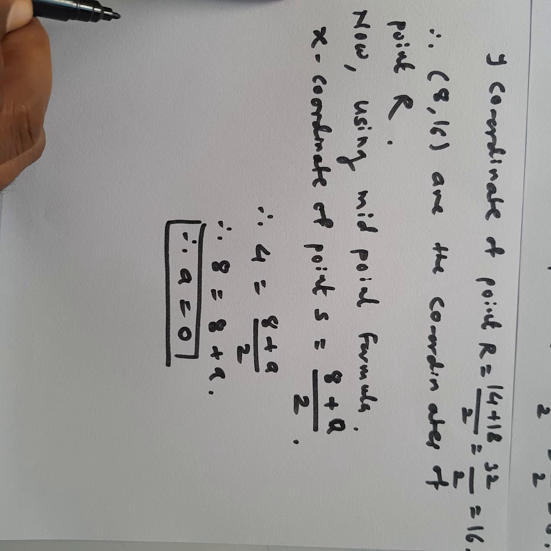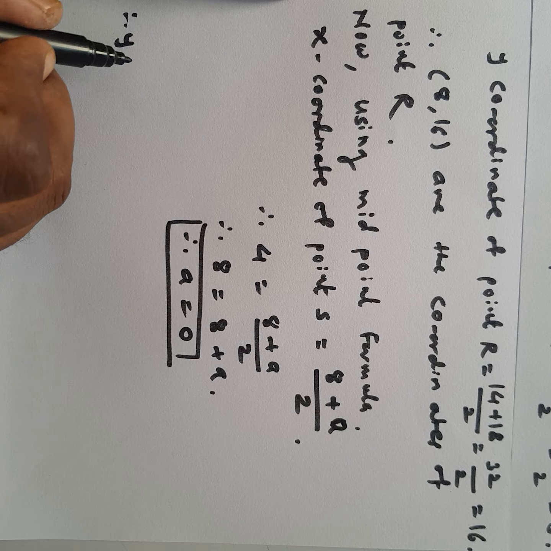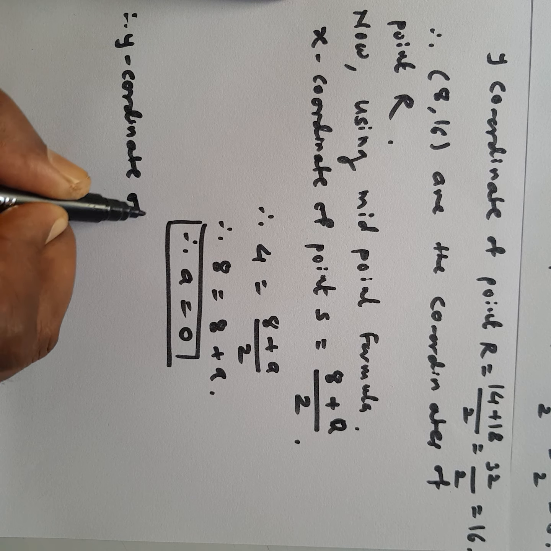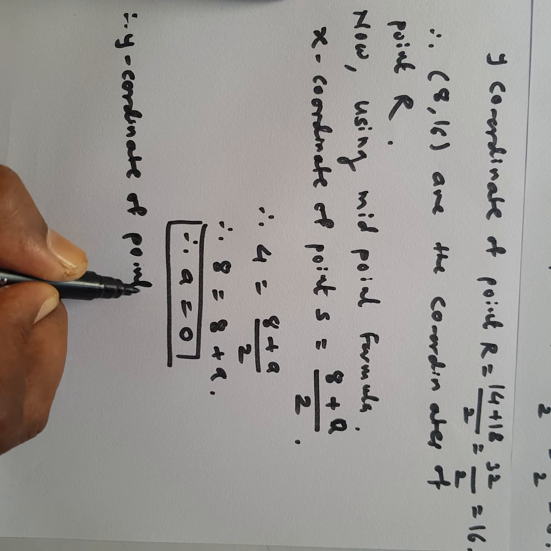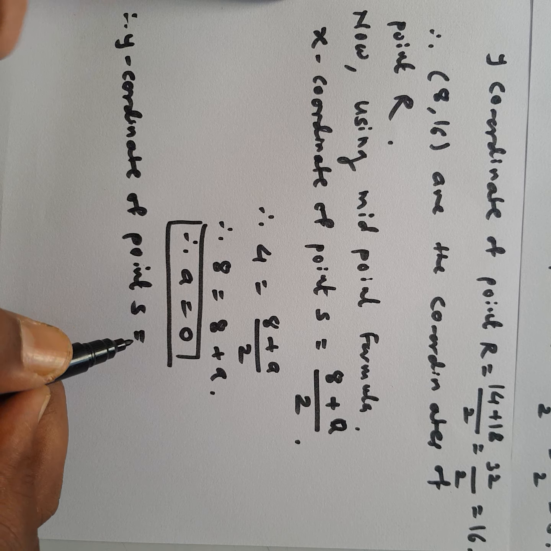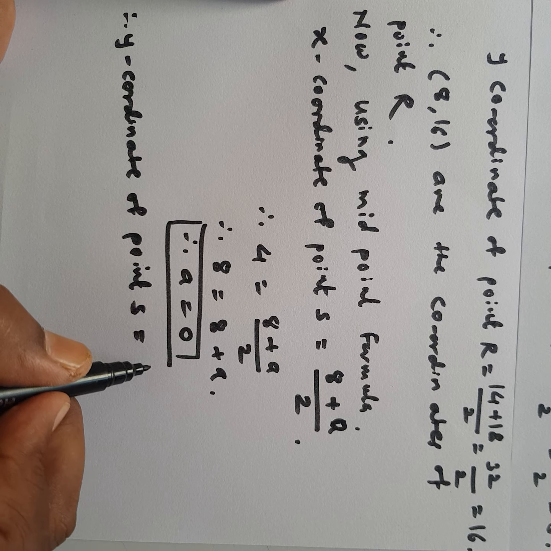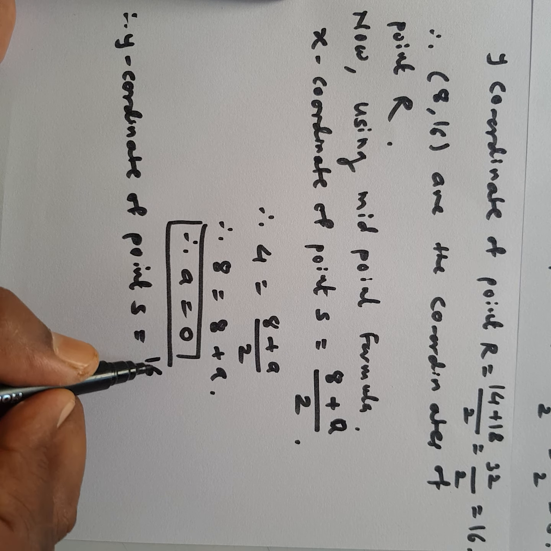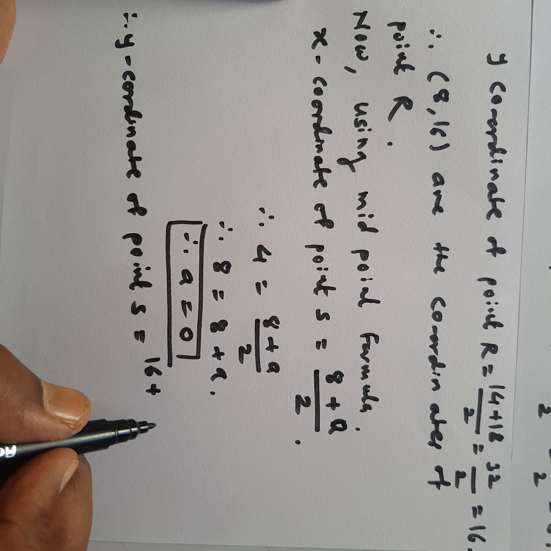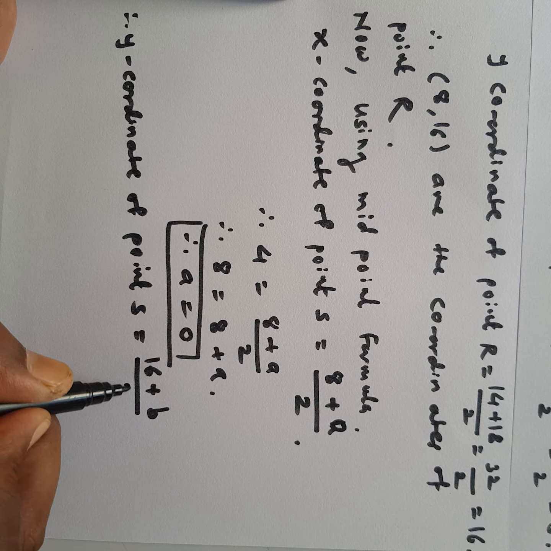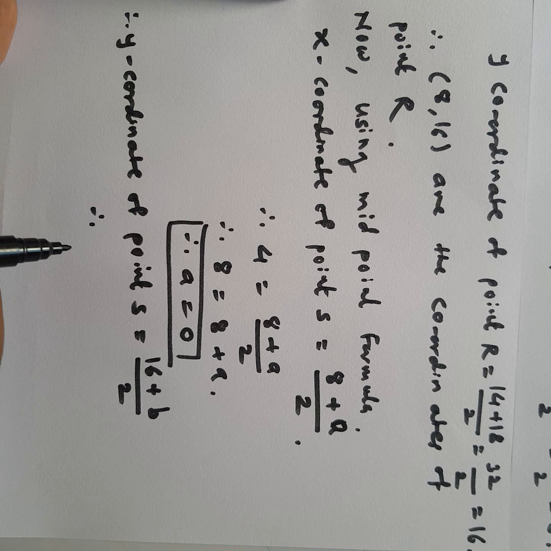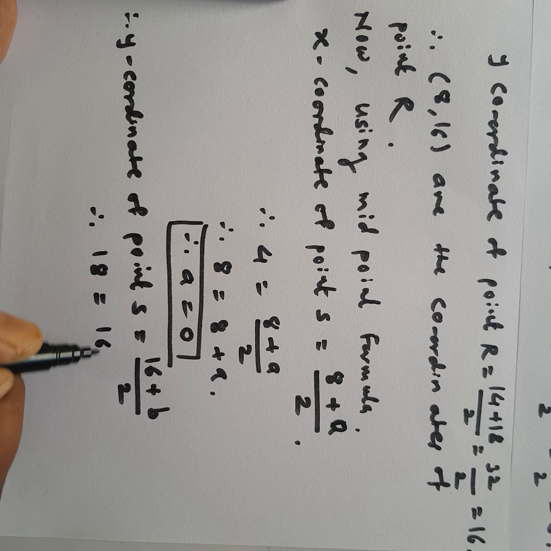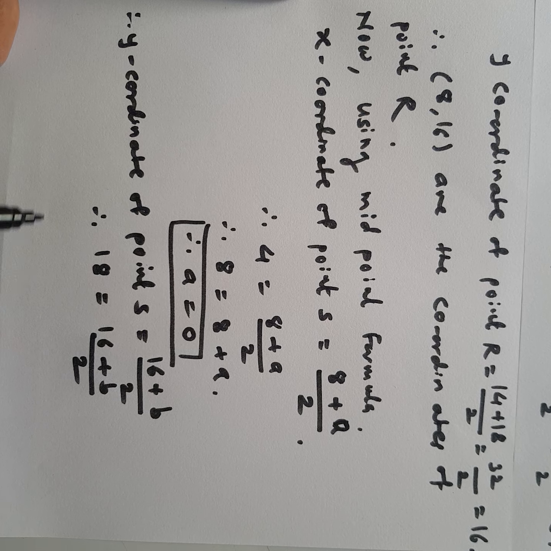Now the y coordinate of point S is equal to 16 plus B upon 2. The y coordinate is given, 18 is equal to 16 plus B upon 2.